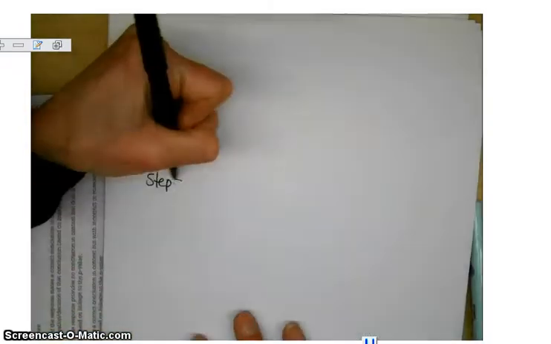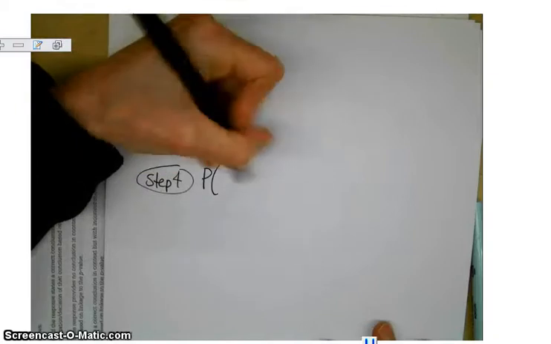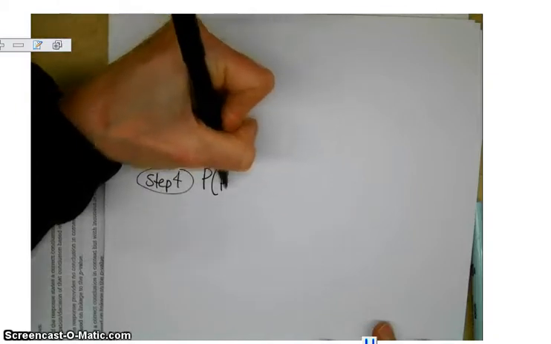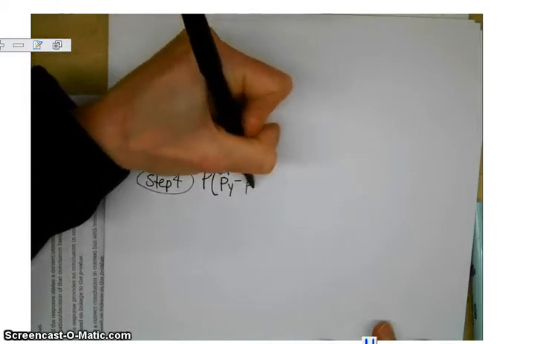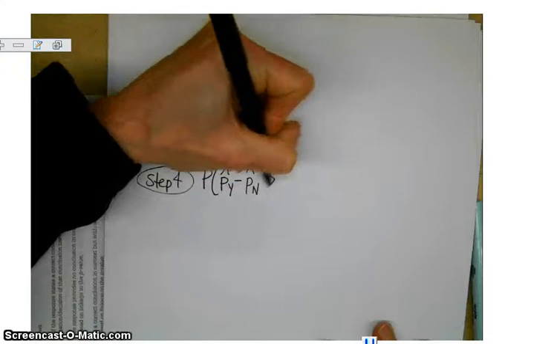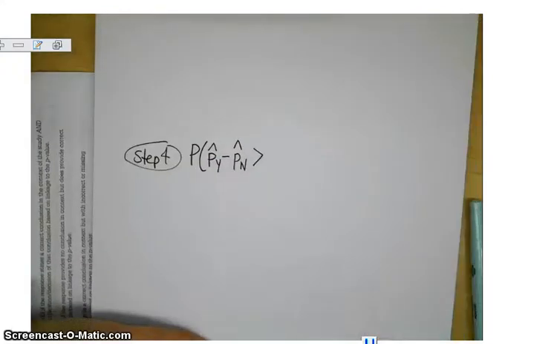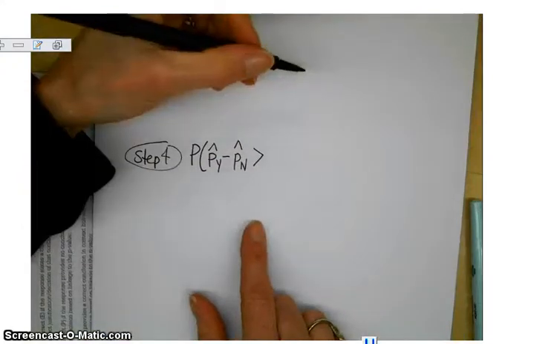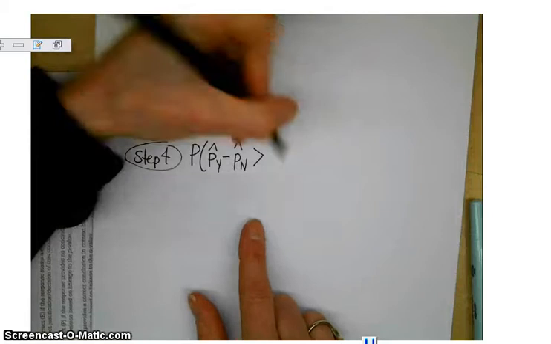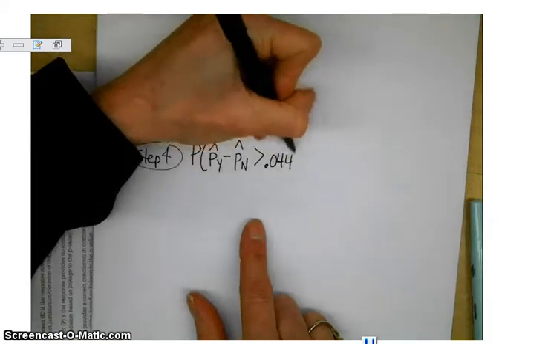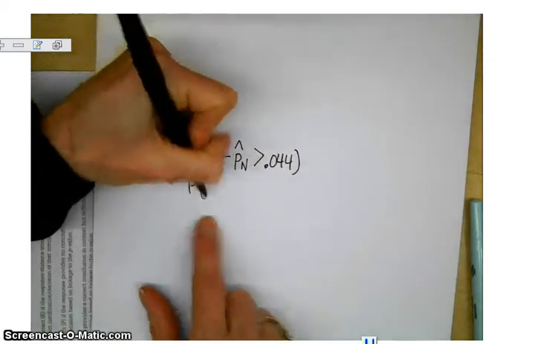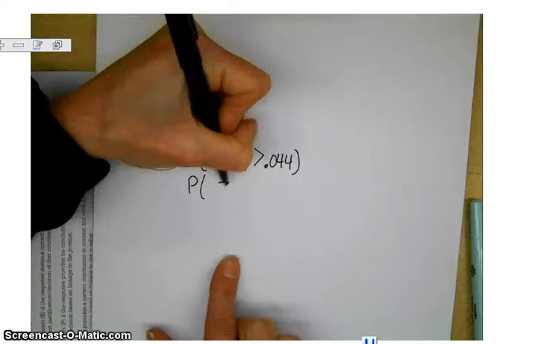So this is step 4, your calculations. You would write the probability that p hat of the yawn seed minus p hat of the not yawn seed is greater than, what was my observed difference in those two proportions? 0.044.